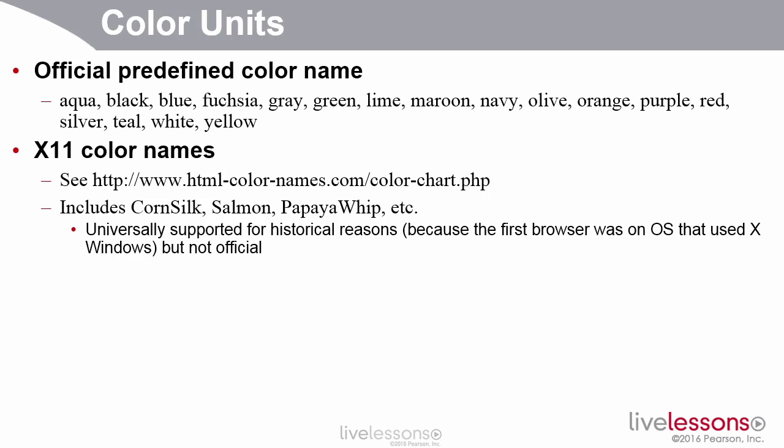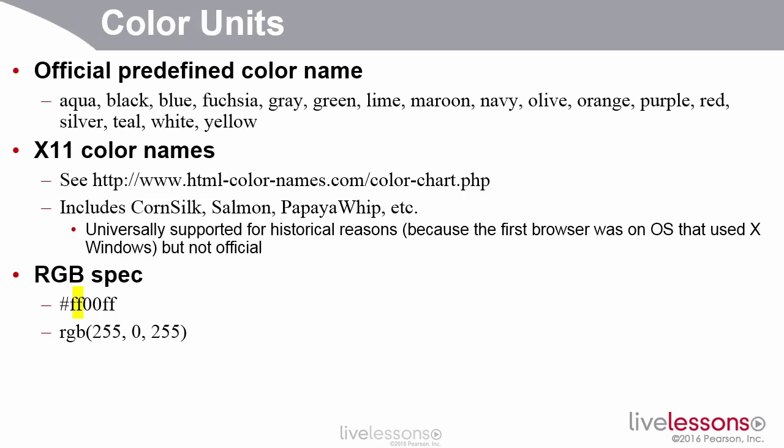I would stick with either the officially defined color names or more likely an RGB specification. So if I say color, space, and I give this sort of funny format, the pound sign means it's a color specification. And then I have two characters that are in hexadecimal, base 16.